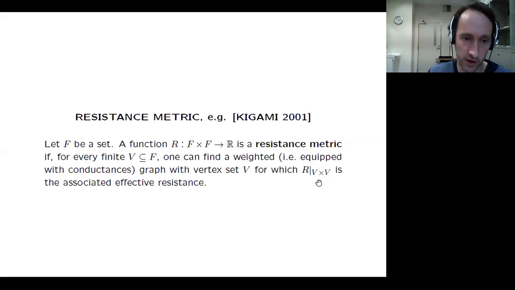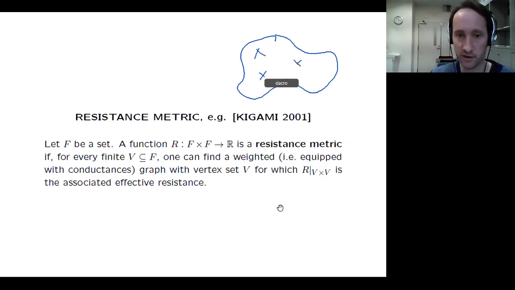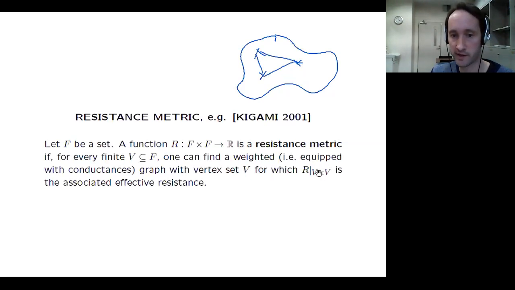The definition is fairly simple. We take any set F, and we say that a function on F cross F to the real line is a resistance metric if for each finite set, so if I take some finite collection of points V within the set, I can define conductances between these such that the function, when restricted to these vertices, is just the effective resistance for that graph.